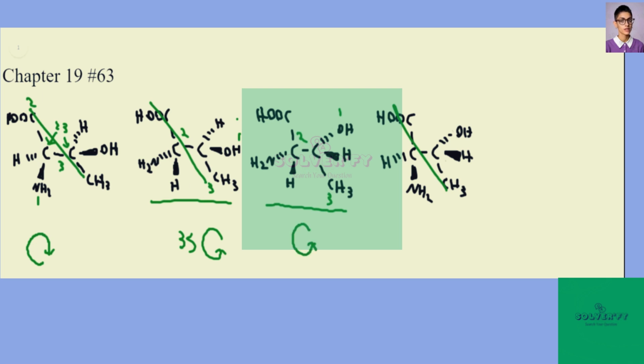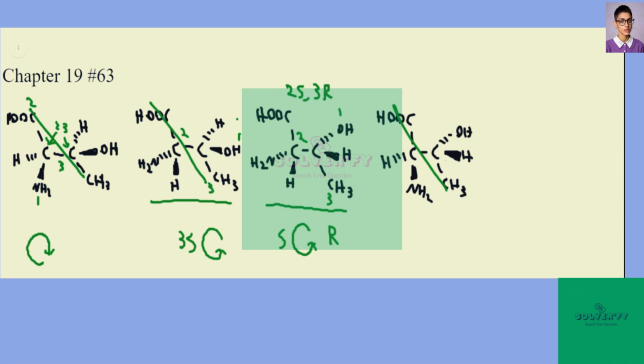However, we need to put the hydrogen on the dash, and right now it's on the wedge. So we actually switch this. Although it would be S the way it's written, because we have to flip to put the hydrogen on the dash, this is R. So this is the one that is 2S,3R.